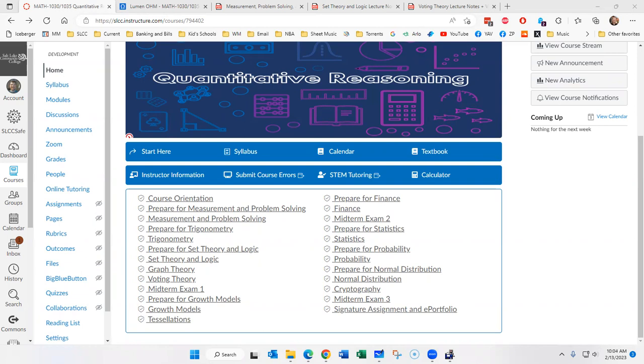So what I'm sending you now are 3 different PDFs. If you're in my class, you should already have these available. There's the measurement problem solving, and set theory, and voting theory.